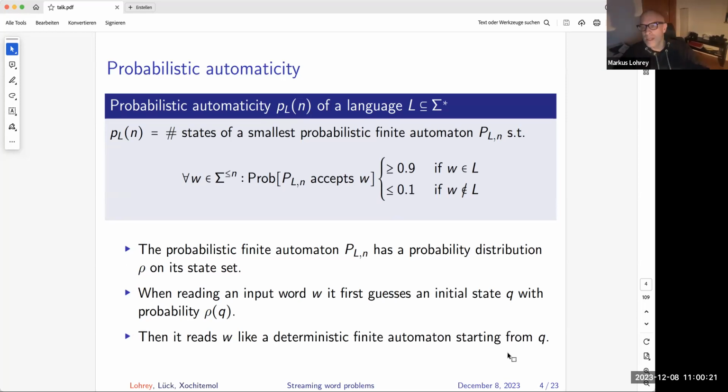So all the randomness in the automaton happens in the very beginning. Once the automaton starts reading the word, there is no more randomness.